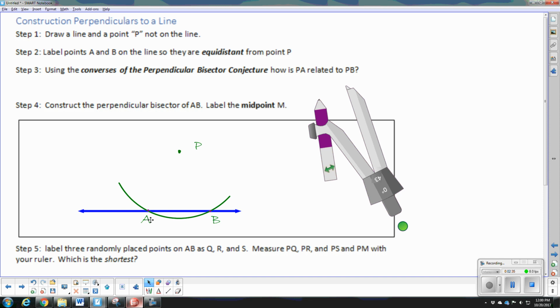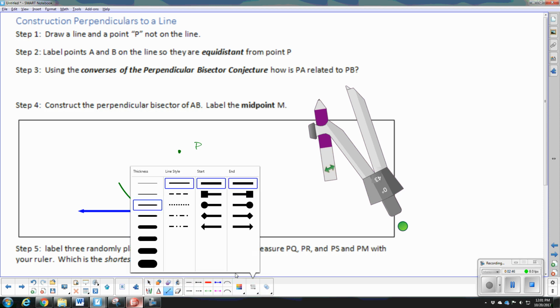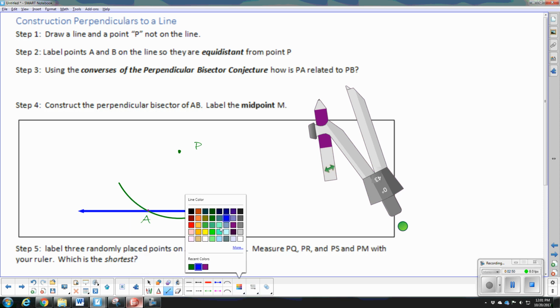Now the next step says that we're going to use the converse of the perpendicular bisector conjecture, and it asks us, how is PA related to PB? If I were to think of PA and PB as little segments, how are those two related?